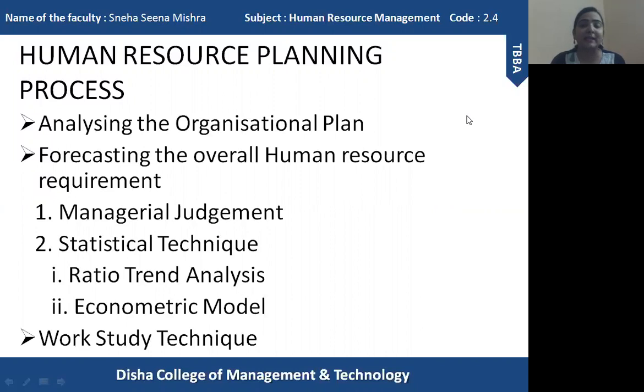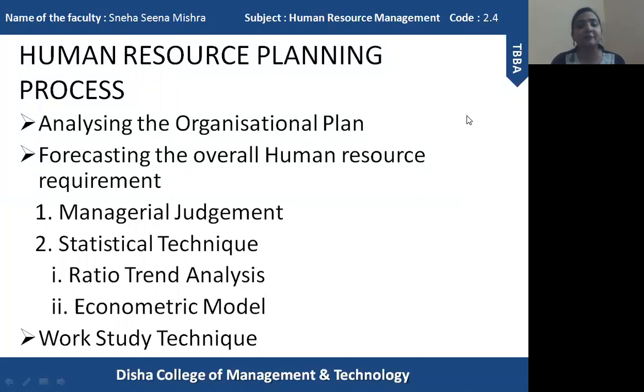So we need to analyze each and every aspect, the demand for human resource, the supply of human resource. These are the various aspects which the organization needs to focus on, and after doing all that, they will plan regarding the human resource. So in human resource planning, we have to understand what the various aspects are which the organization must focus on, and what the various steps are which come under the process of human resource planning.